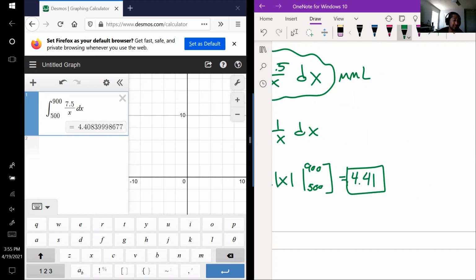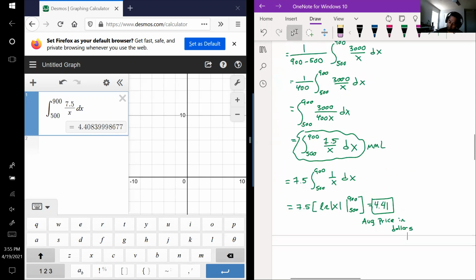And this is the average price in dollars over this demand interval. So let's just put a label on it. Average price in dollars. Okay, cool.